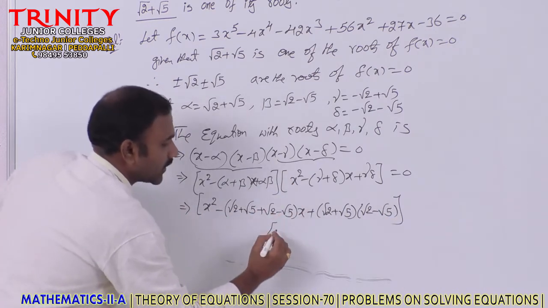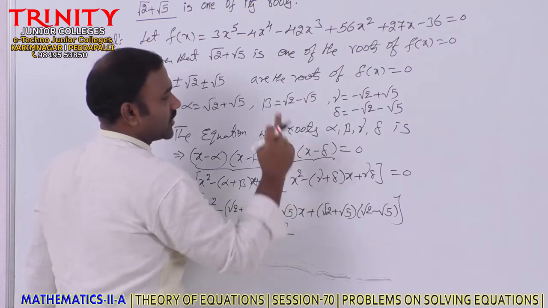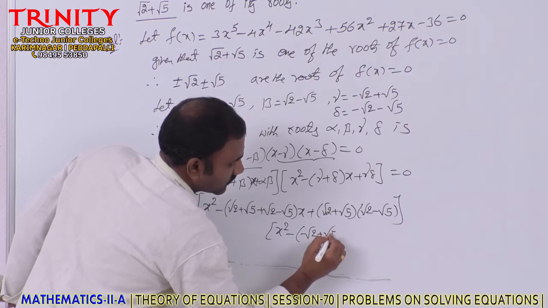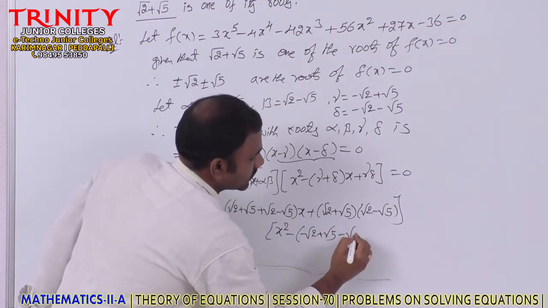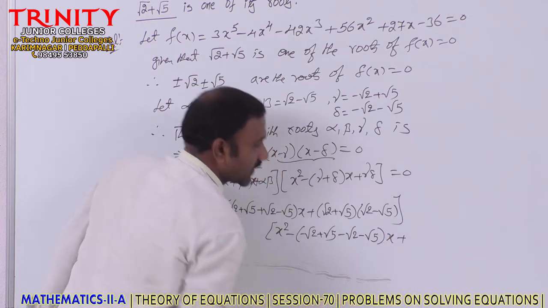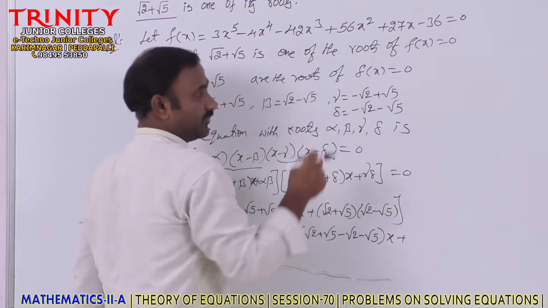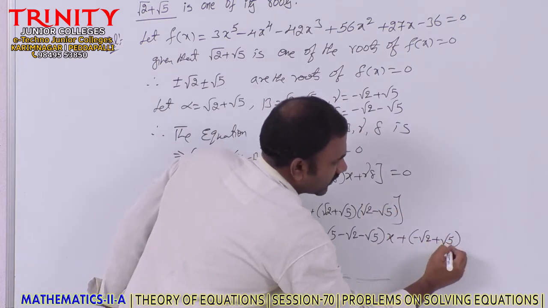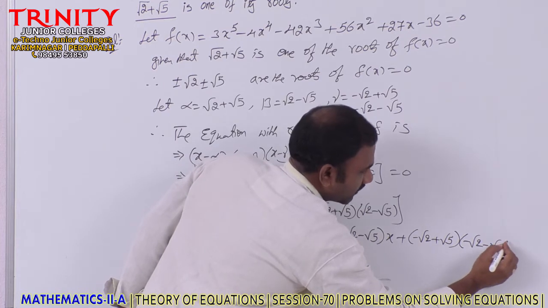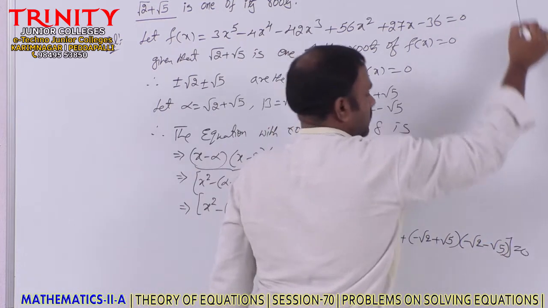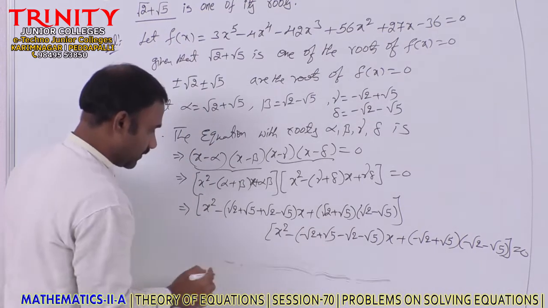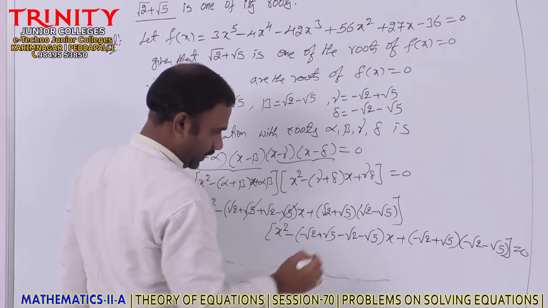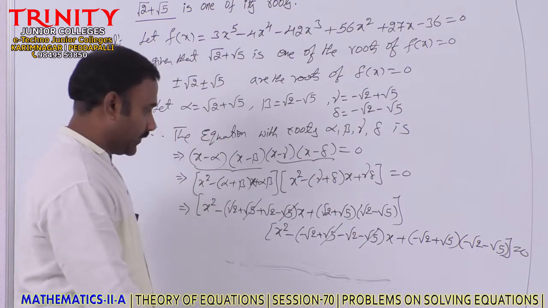Into x square minus (gamma plus delta), minus root 2 plus root 5 minus root 2 plus root 5, plus minus root 2 minus root 5 into x plus gamma delta, a plus b into a minus b: minus root 2 plus root 5 into minus root 2 minus root 5 is equal to 0. What we'll get here? Root 5 cancels. Here root 5 cancels.